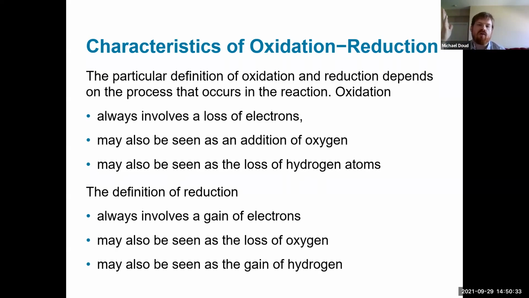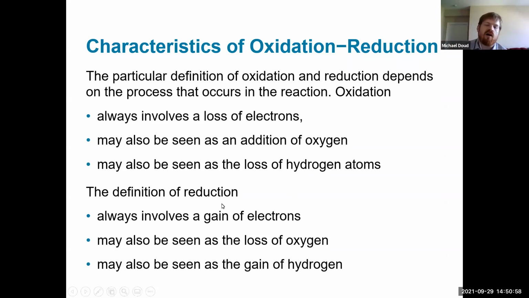So anytime you react a molecule with oxygen, there's generally some oxidation involved, hence the name oxidation. The other way that you can look at it in a biological system is if something loses hydrogen atoms, that's the equivalent of being oxidized. So if FADH2 becomes FAD, well, it lost 2 hydrogen atoms. So that's another indication of oxidation.